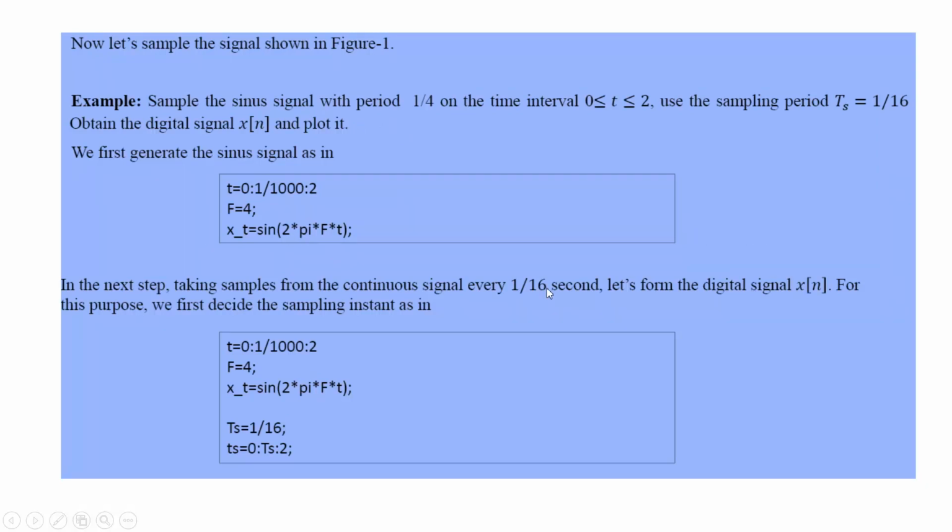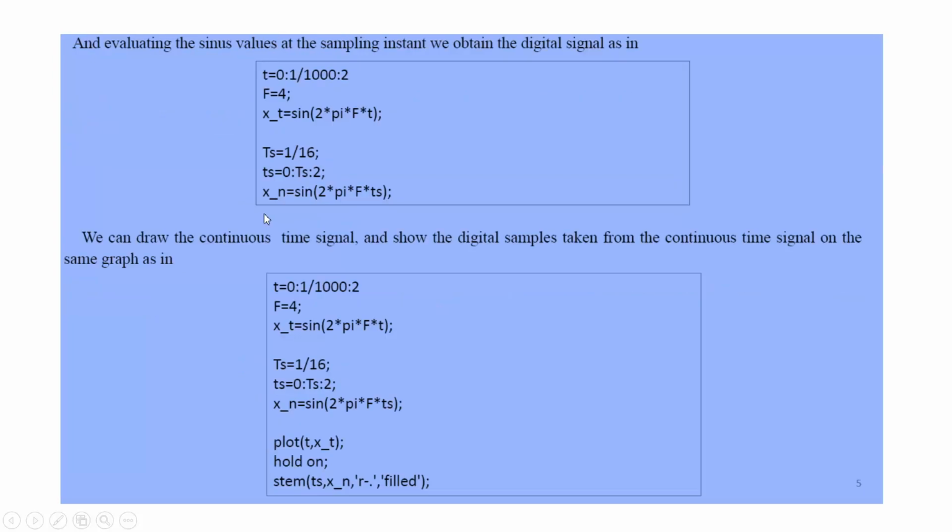For this sampling period of 1 by 16, we have already created these discrete time steps from 0 to 2. This is the interval, and Ts is the sampling period, because we need to create these steps of this size. Now, because we have to draw the continuous time signal and the discrete time signal both, these are the initial steps only.